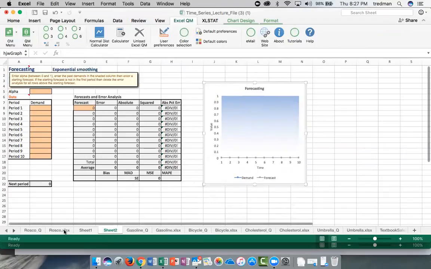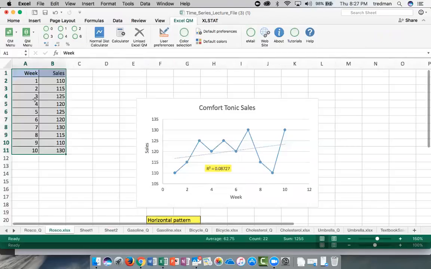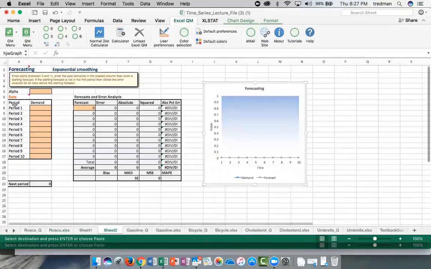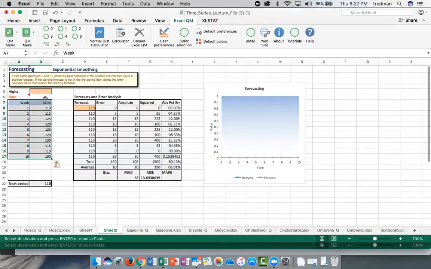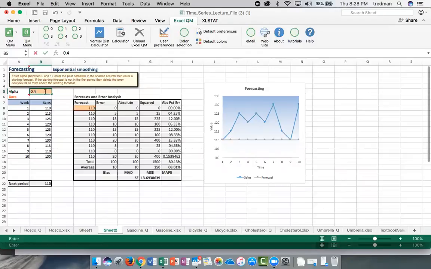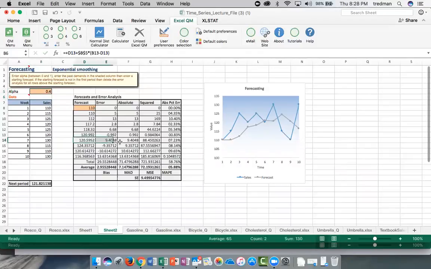And now, of course, I've got to get my data and enter my alpha, 0.4. And there we go. We have the data.